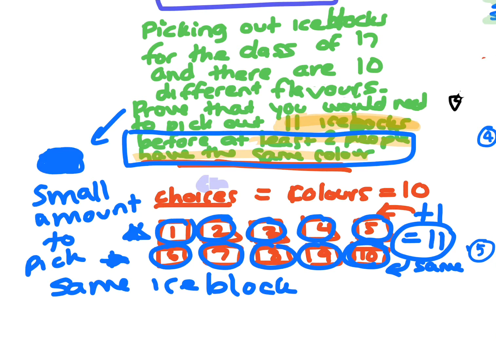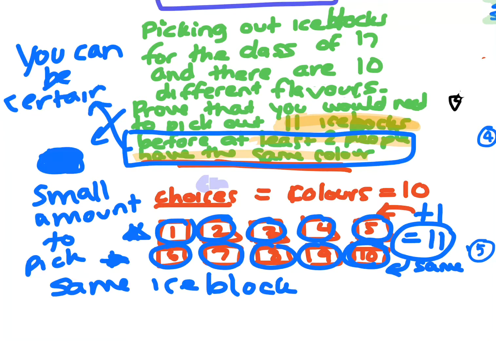Now, I guess the statement here said "before at least", it's really before you can be certain. So you can be certain, really confident, that at least 2 people have the same colour. And you would be certain of that if you drew out 11 ice blocks.